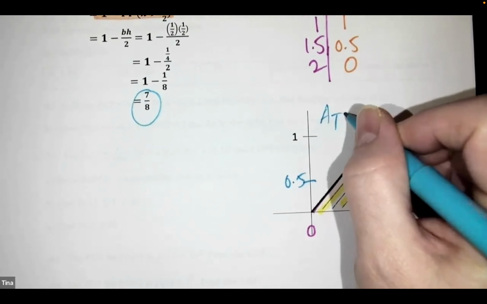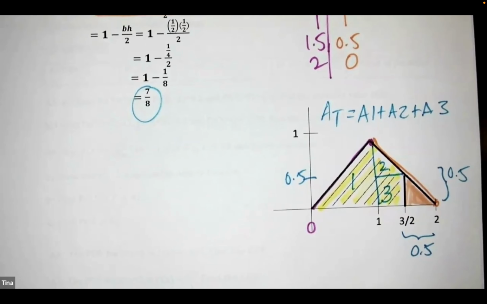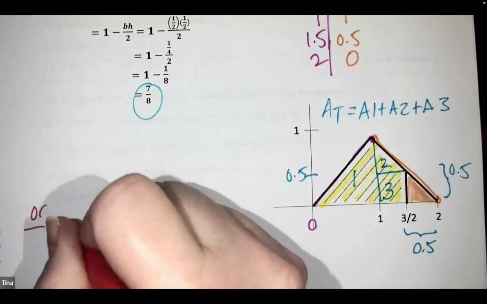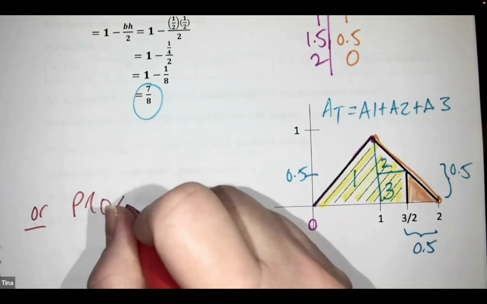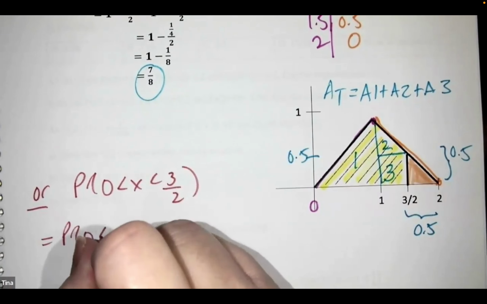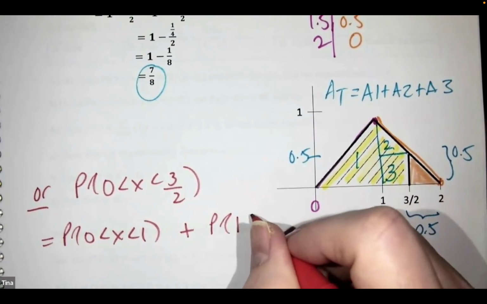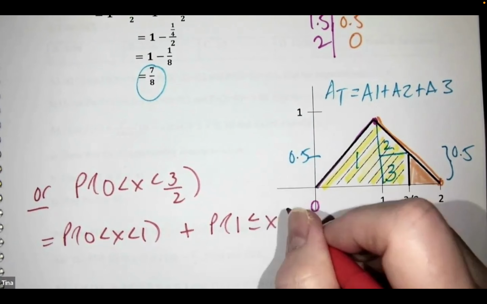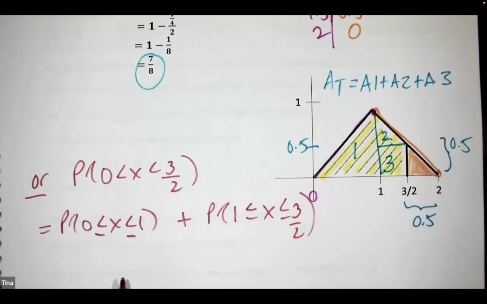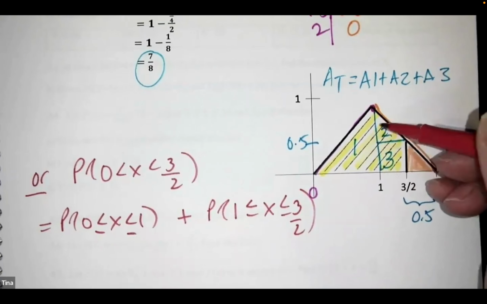The other option is, of course, area 1 plus area 2 plus area 3. In terms of integrals, you could do from 0 to 3/2 here as from 0 to 1 plus from 1 to 3/2. By the way, it doesn't matter if you put equal to's on here or not, does it? Because remember, there's no area equal to this line.